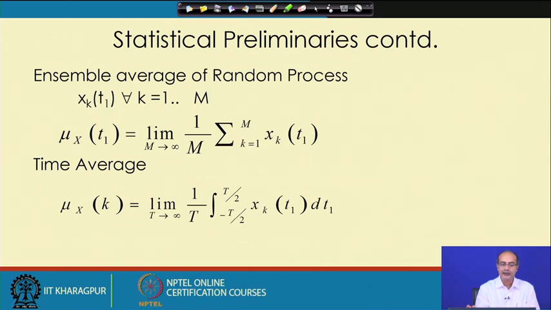Here, as we are taking the expectation operator, I think it would be good to make one more thing clear: what do we mean by ensemble average and time average. Now, let us take an example before getting into this slide.